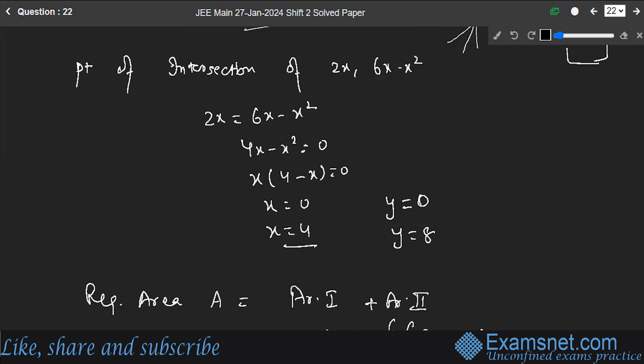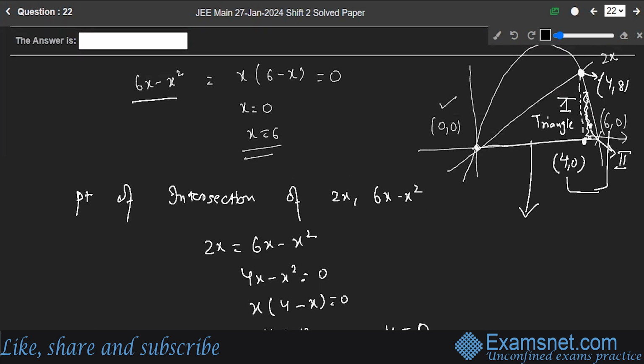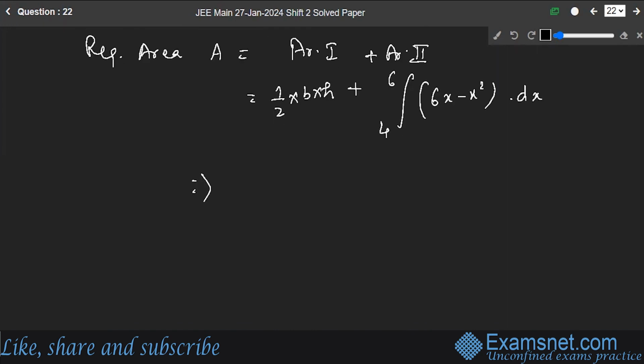How much is the base? This base is from 0 to 4, so the base is 4 and the height is 8. So this is half into 4 into 8 plus the integral from 4 to 6 of 6x minus x square dx.